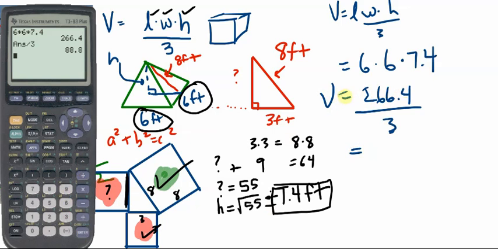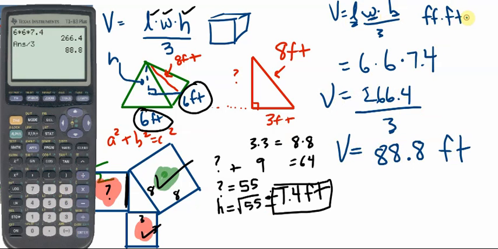And our total volume says, whoa, something just weird happened there. The volume of this particular pyramid is 88.8 feet. Now because we had 1, 2, 3 linear dimensions, it's feet times feet times feet, or feet cubed.